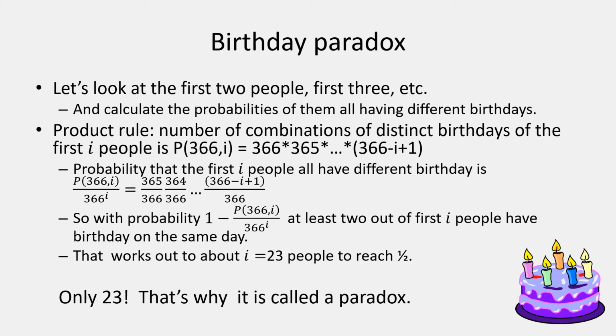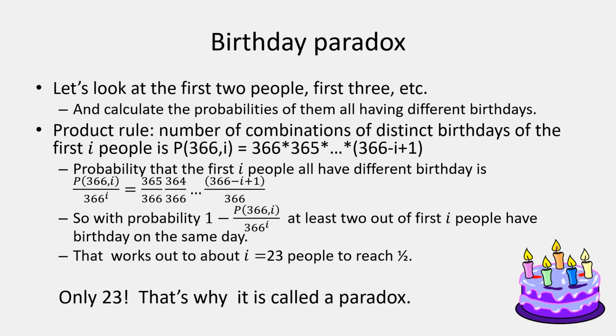So think about it. There are 366 days in a year. That's pretty big. But if you have only 23 people, you have 1/2 probability that 2 of them have a birthday on the same day. And if you want to generalize it, then in general it would be roughly, kind of roughly, the square root of the number of possibilities.